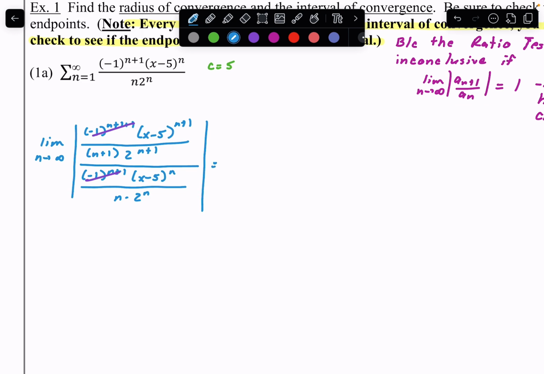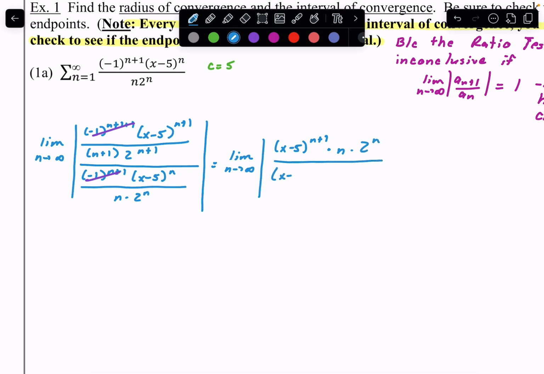So I'm going to rewrite this without the 1s. And I'm going to make sure that I write it as multiplying by the reciprocal here. So I'm going to multiply this by n times 2 to the n.